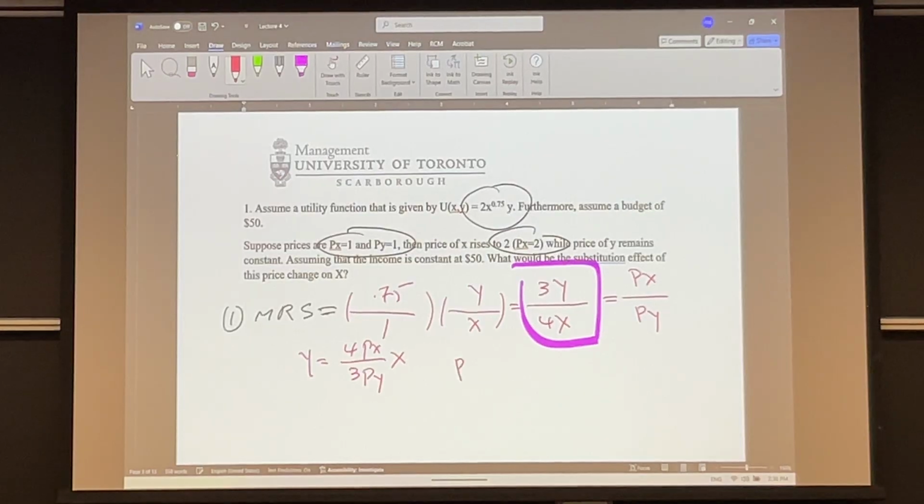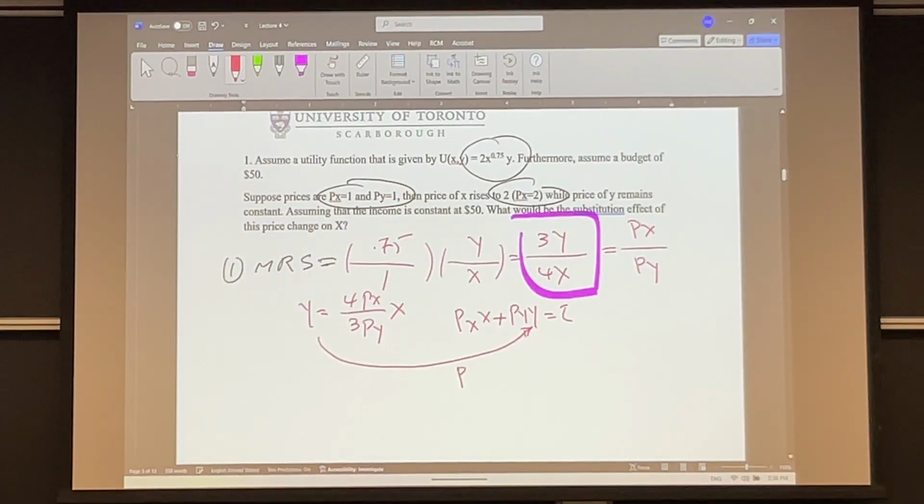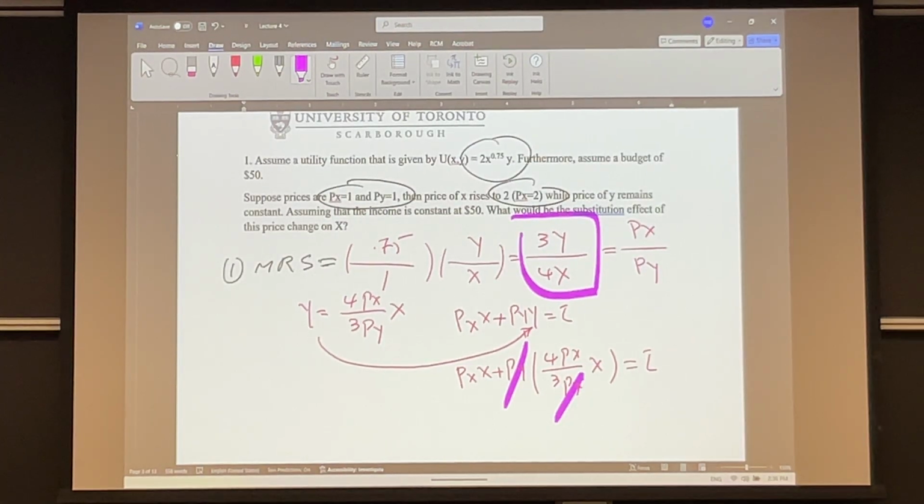And then you have the budget line to work with. Take this one, plug it there, and that will give you demand. So that's PX X, and that's the income. This will cancel out with this. How many of them are you going to have there? That's 1, that's 4 over 3, that will become 7 over 3.